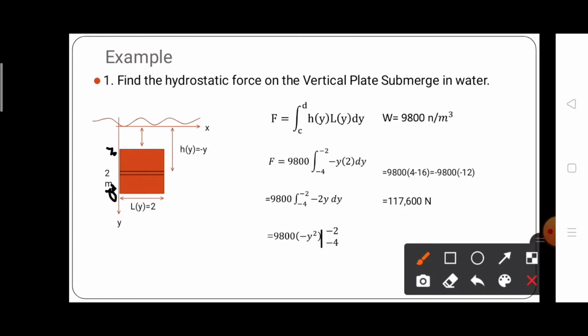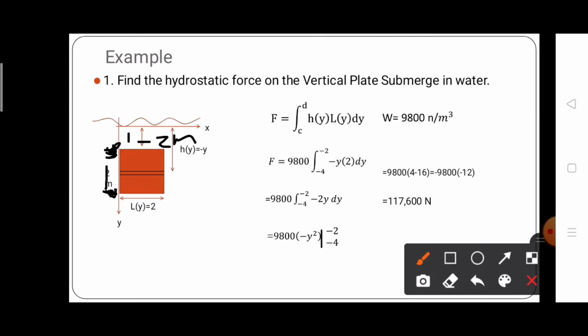Since it is 2 meters in the negative y-axis, where the plate is positioned, and from the water the vertical plate is 2 meters also, we have 2 meters here, the distance between the water and the object.